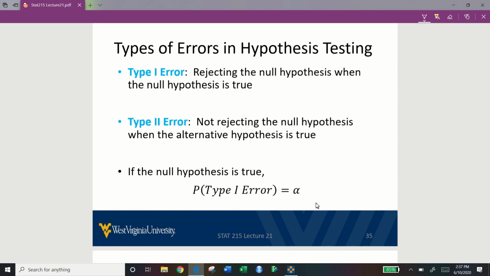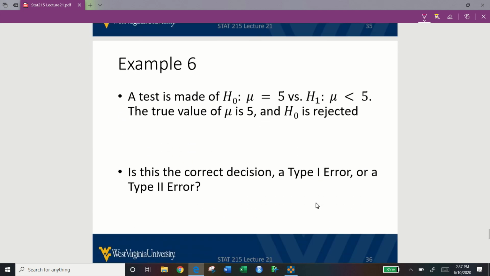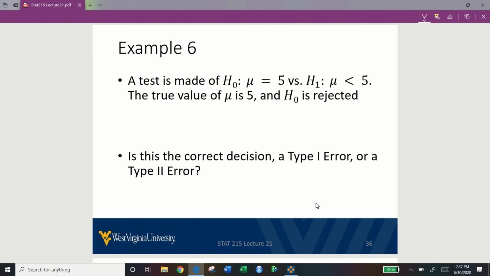If the null hypothesis is true, the probability of our type 1 error is alpha, our significance level. So when we give an alpha equals 0.05, what we're saying is that we want the probability of a type 1 error occurring to be at 5%.